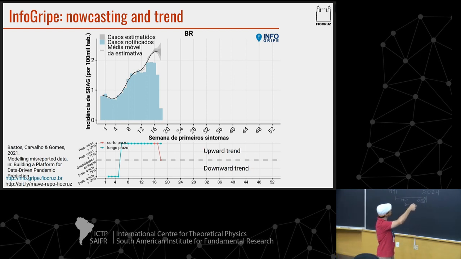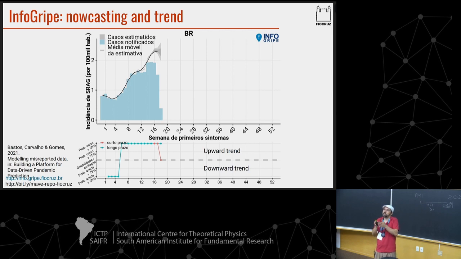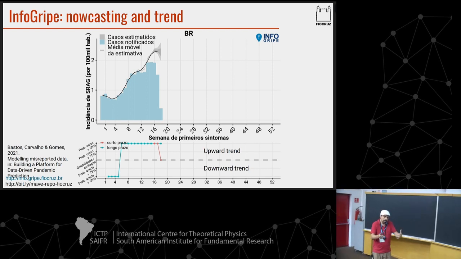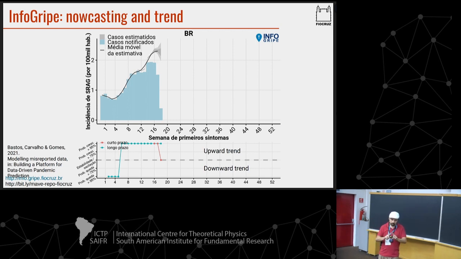You can see that there is a dark gray area and a light gray area. What is the difference there? The dark gray area is the quartiles. So what it means is that 50% of my trajectories are within the dark gray area, the area surrounding my median, and the light gray area is the 90th percentile.